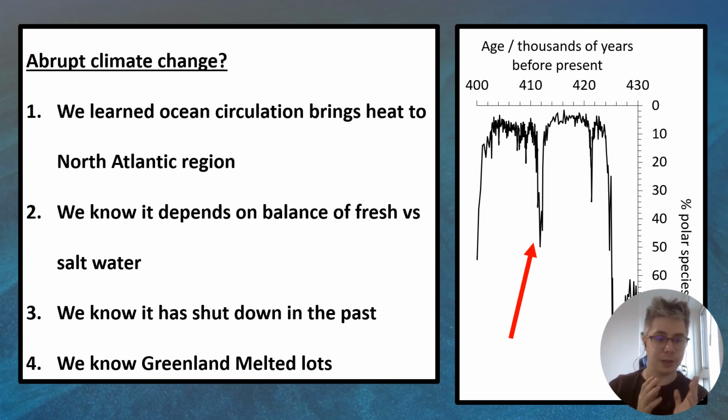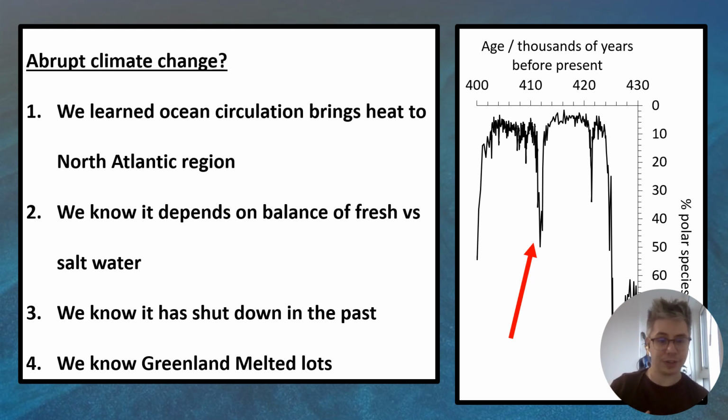Well, I told you I look at abrupt climate change. In this talk, we've learnt that ocean circulation brings heat to the North Atlantic region, to the polar and subpolar North Atlantic. And without that, it would be much cooler in Europe than it presently is. We know that this is a density-driven thing, so it depends on the balance of freshwater versus saltwater. And we know that it has got weaker and shut down in the past. And we know in this particular warm period, MIS11, that Greenland melted quite a lot.